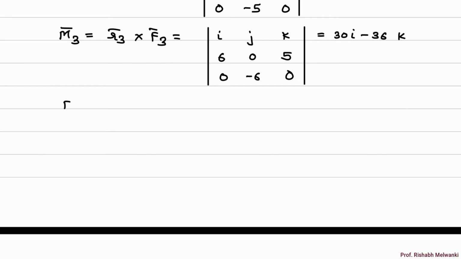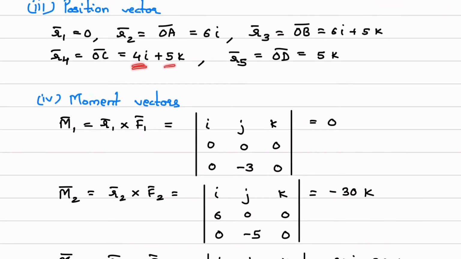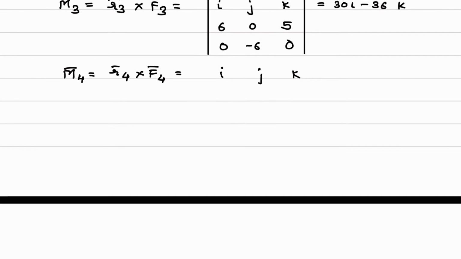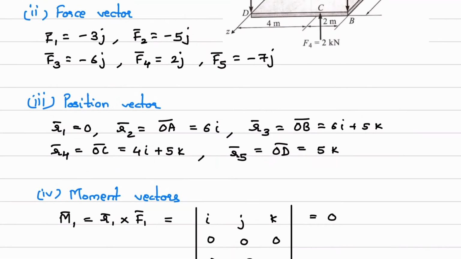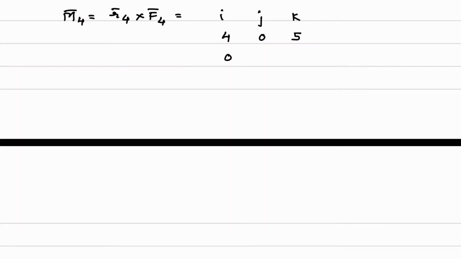Next, moment of force 4 about origin, position vector R4 into force vector F4. Position vector R4 is 4i plus 5k, so j is 0, 4 0 5. Then force vector F4, that value is 2j, so 0 2 0.